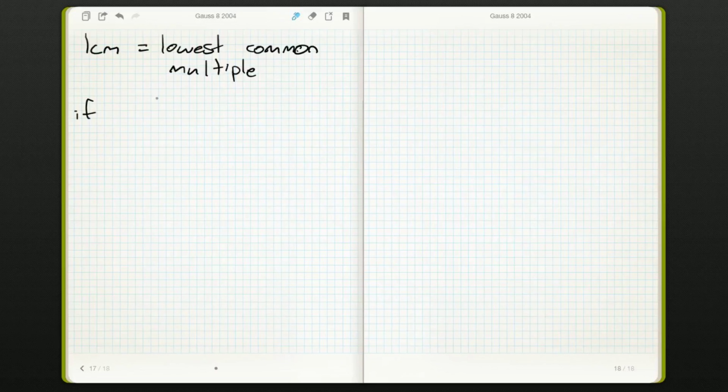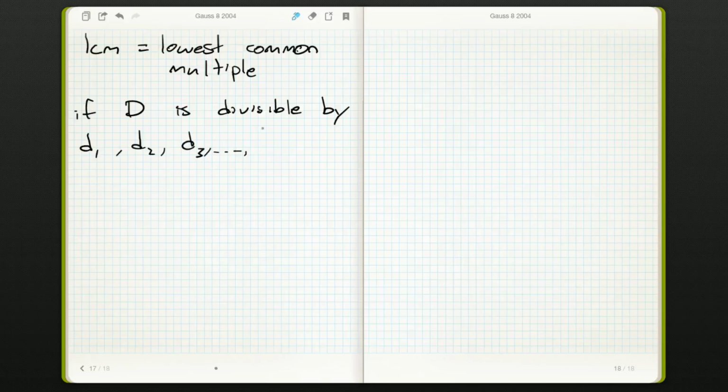And if we have a number D and it's divisible by a whole bunch of numbers like D1, D2, D3, all the way up to DK, then D is divisible by the lowest common multiple of these.